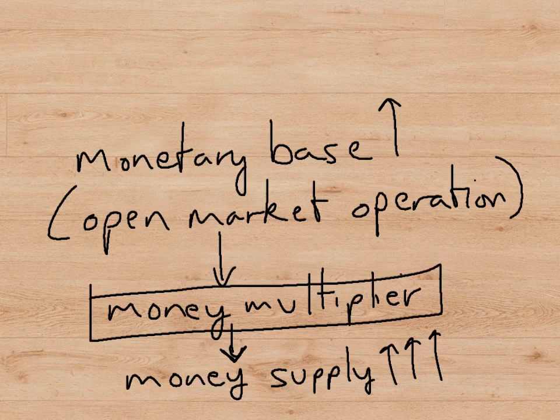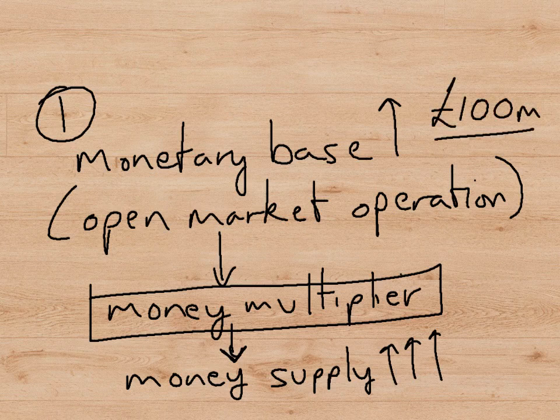So what we now see is that when we want to change the money supply, step one is to change the monetary base. We do this with an open market operation. What happens is that a bank like HSBC will receive a phone call from the central bank saying, we'd like to buy back some of your government bonds. If HSBC agrees, they will receive money from the central bank and they will hand over some government bonds to the central bank.